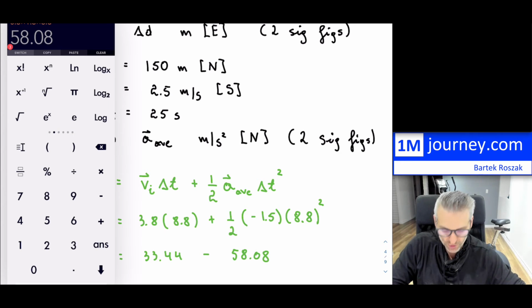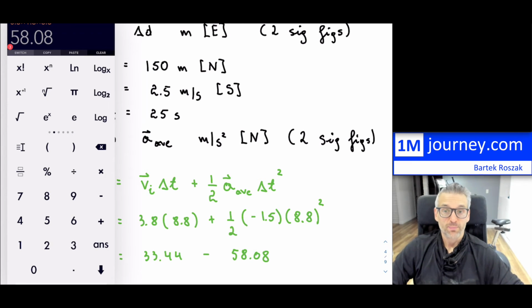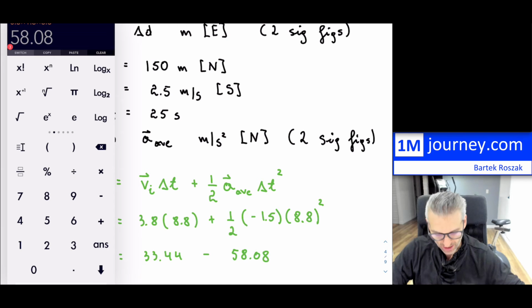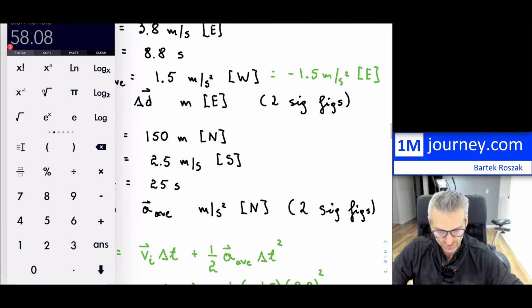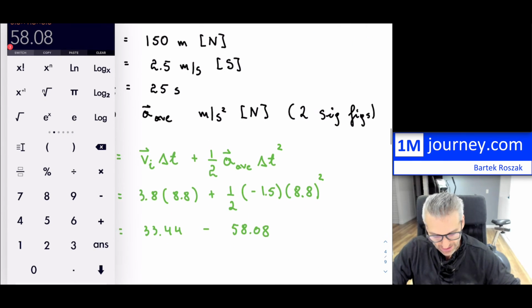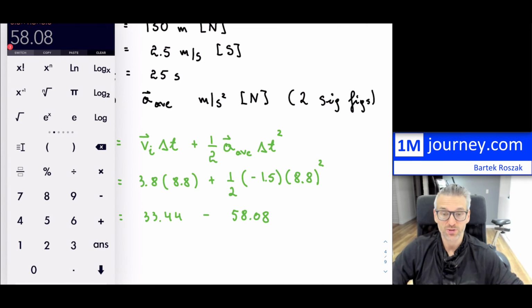Now, at this point, you might ask, what about rounding? They're saying to stick to two significant figures. Unless your teachers tell you otherwise, in intermediate steps, an intermediate means it's not the final answer, don't round anything. Don't put these to two significant figures and then do the addition.